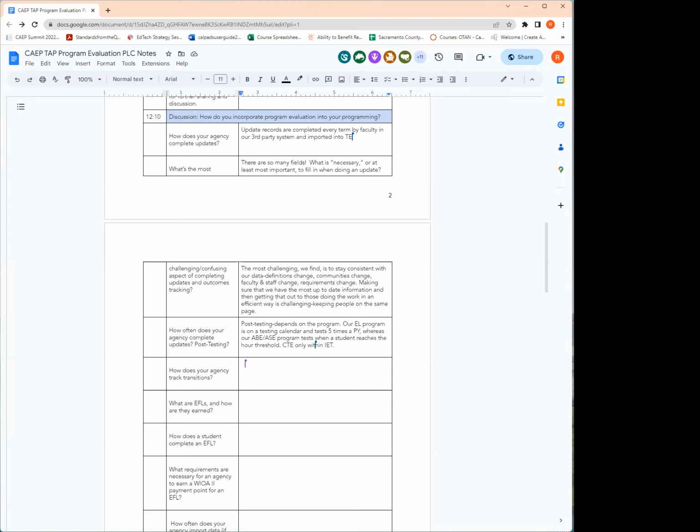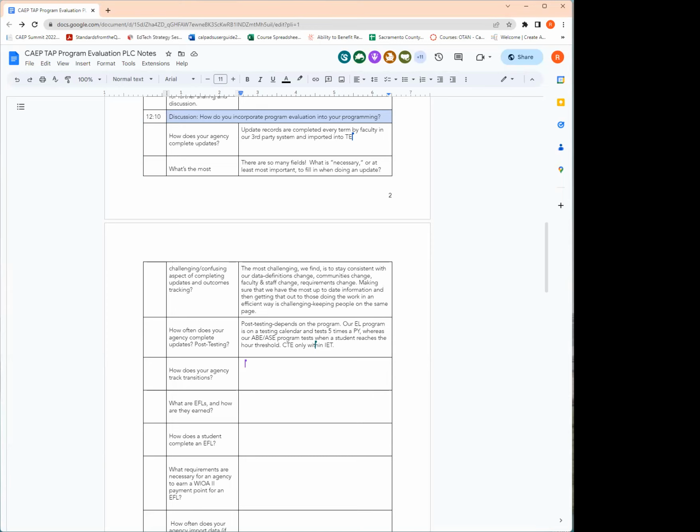And then making sure that we're in constant communication with all of our members so that we have a training program in place so that as we onboard new staff and faculty members, we have an awareness of, since it's the faculty who are filling out the update records, what everything means.